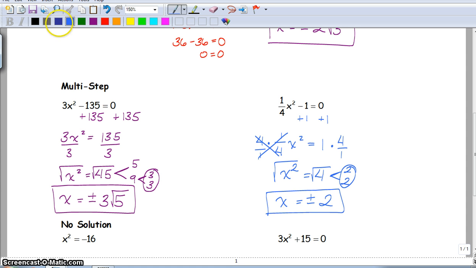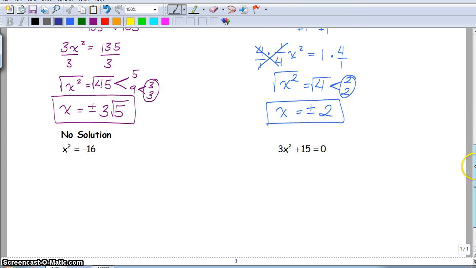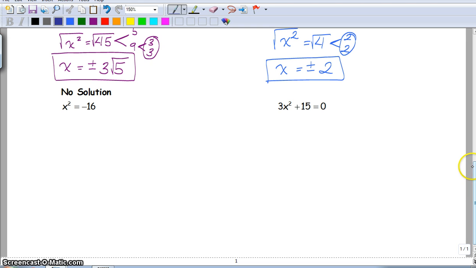There will be situations where there could be no solution, and here are a few problems that demonstrate that. My first problem, x squared equals negative 16. The x squared is all by itself, so I could just take the square root of both sides. The problem here is nothing times itself will give me a negative number. The square root of negative 16 does not break down into two numbers that are the exact same.